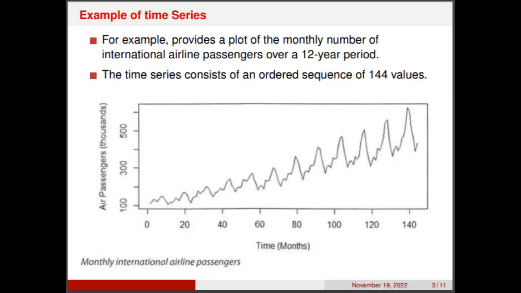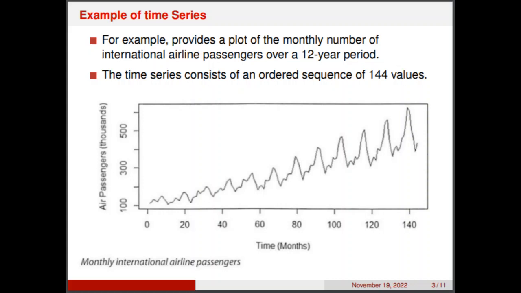So the next example is the plot of monthly number of international airline passengers over a 12-year period. In the figure we can see that the x-axis is time in months, and the y-axis is the number of airline passengers.